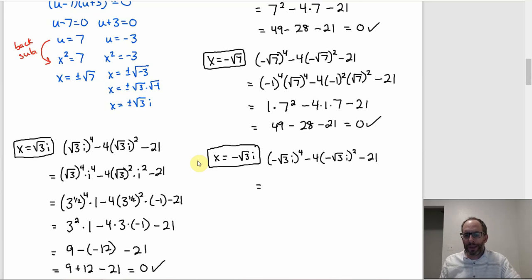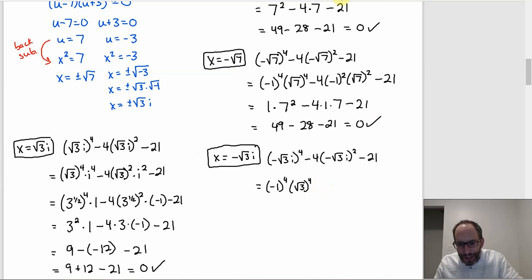I guess inside the parentheses, you could view that as a product of 3 things, like a negative 1 times a radical 3 times an i, and that's what I'm going to do with this. So negative 1 to the fourth times radical 3 to the fourth times, having the i in parentheses looks weird.